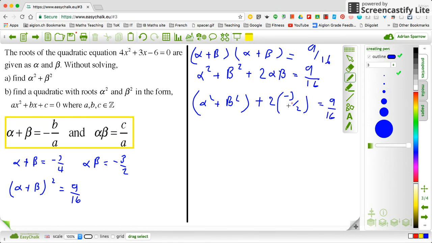So let's add 3 to both sides. Now I'm going to write 3 as 48 over 16. So alpha squared plus beta squared gives me 57 over 16.